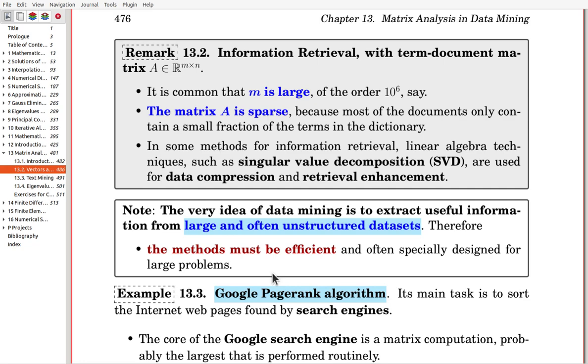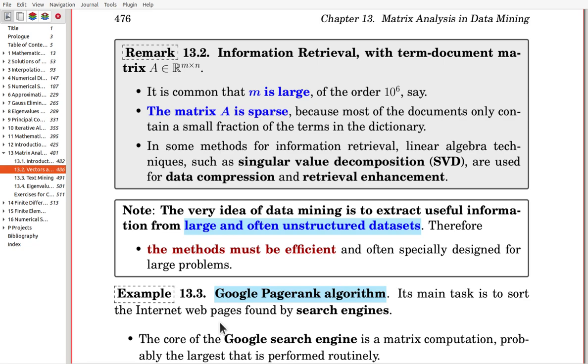Now let's go to the second example, which also introduces an algebraic system. So this is the second algebraic example. It's about Google's PageRank algorithm. Its main task is to sort the internet web pages found by search engines.